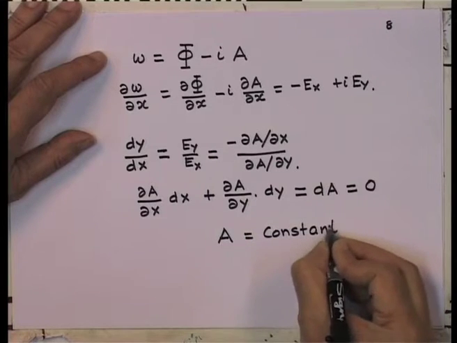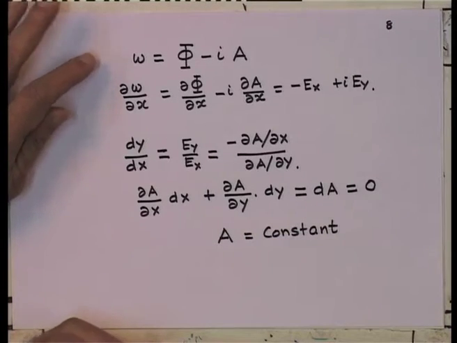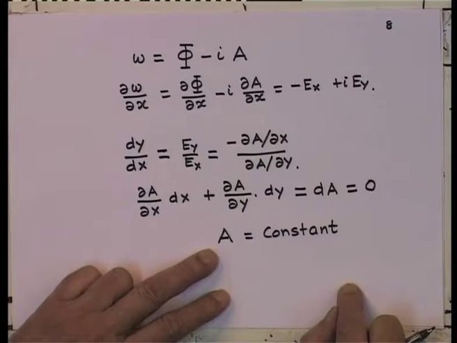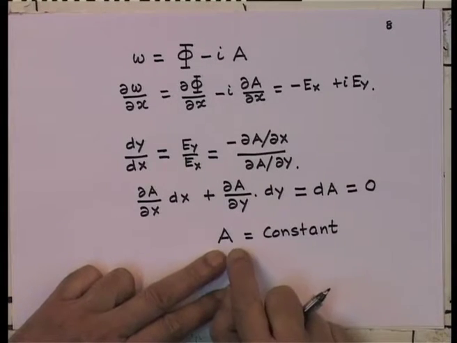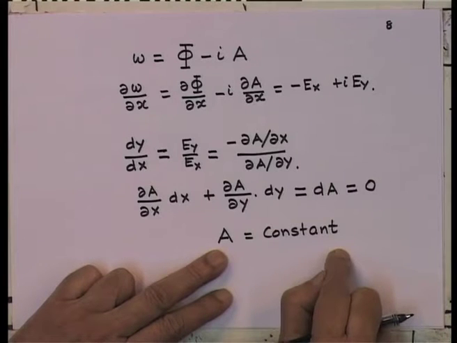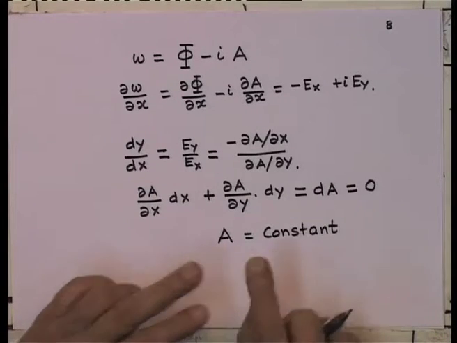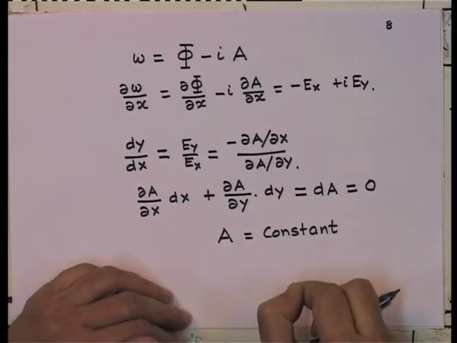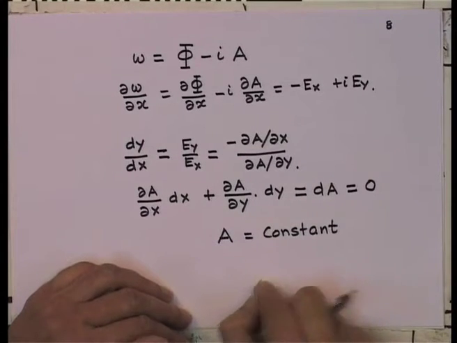What does it mean? It means that if you look at a complex potential, having a constant imaginary part means that you are on the lines of force. Now, I leave it to you to show that if the real part of the complex potential is constant, this refers to the equipotentials. Well, I do not have a surface because I am in 2 dimensions, but it refers to the equipotential lines.